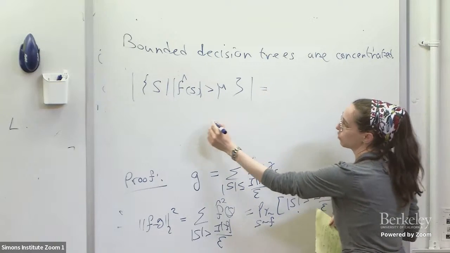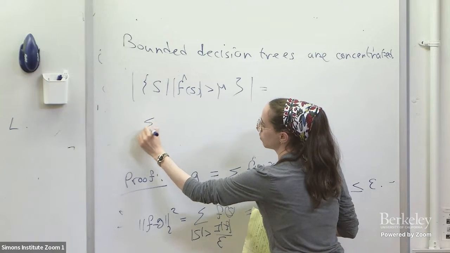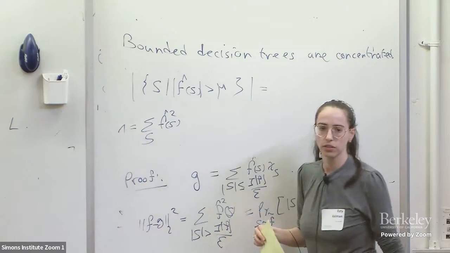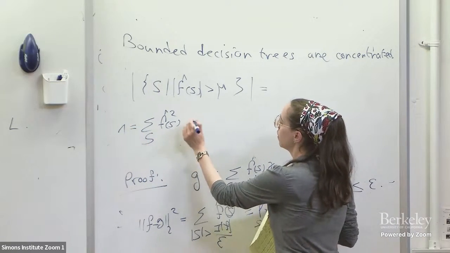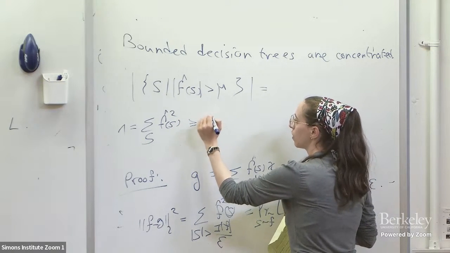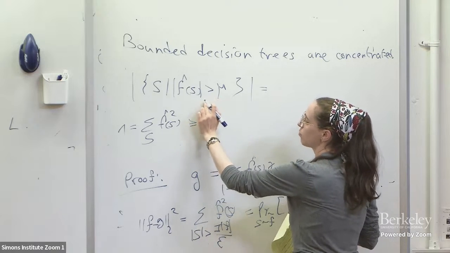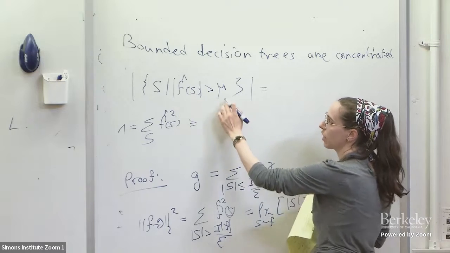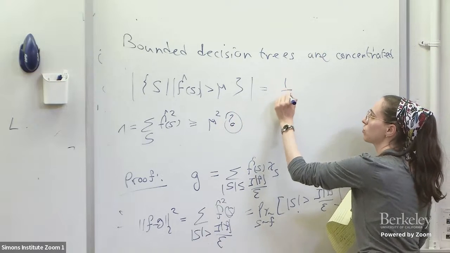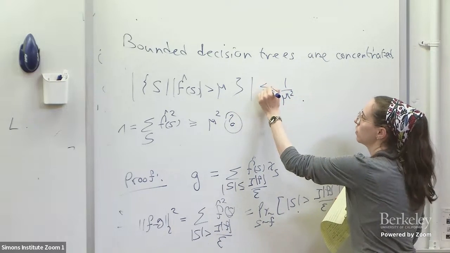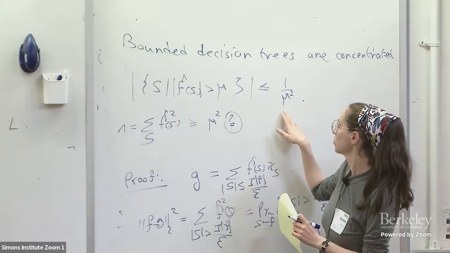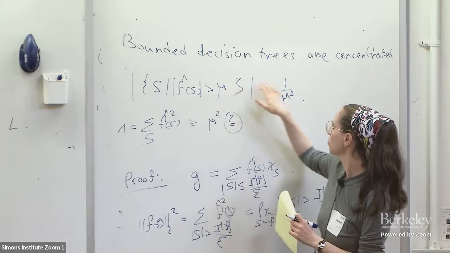Here it's useful to look at the Fourier coefficients squared. The sum equals 1. This is at least the number of such coefficients times mu squared, so the number is at most 1 over mu squared. So we have at most 1 over mu squared coefficients that are larger than mu.